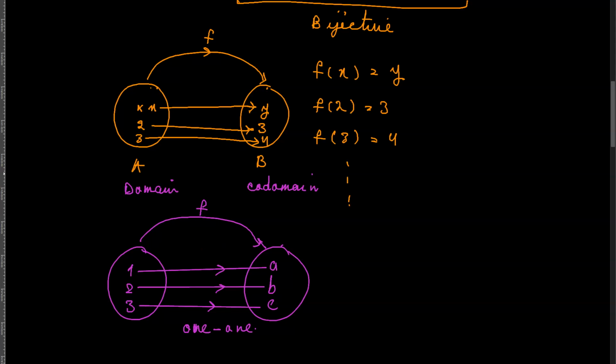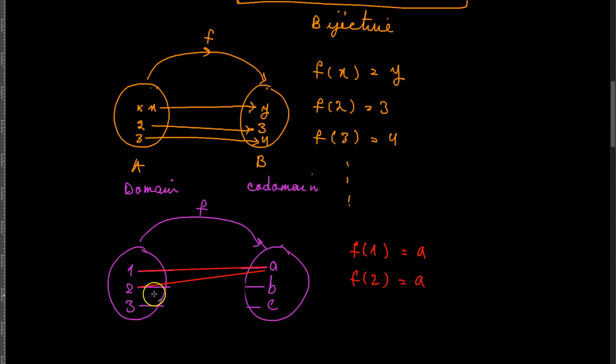And if you have a situation where 1 is mapped to A, and 2 is also mapped to A, this would also be a function, meaning that f of 1 is equal to A, and f of 2 is equal to A also.